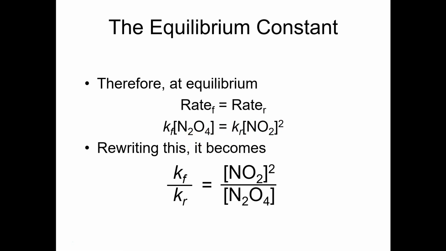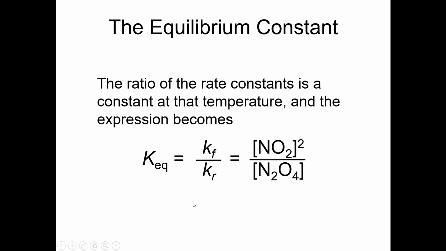Now I define the equilibrium constant as being equal to K forward over K reverse. And so I'm simply doing some algebra here to get both of my K values on the same side of the equation and all my concentration terms on the other side of the equation. And what you will see is that the value of the equilibrium constant, which is equal to the ratio of Kf to Kr, is equal to NO2 squared over N2O4.